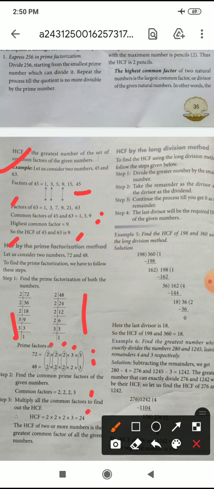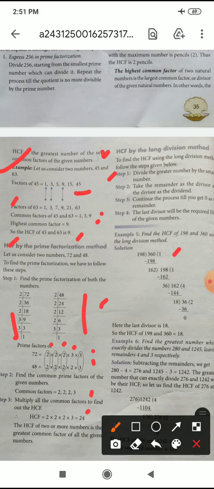Okay. Then comes HCF by the long division method. We discussed the prime factorization method. Then you see the long division method. Step by step we follow. First step is divide the greater number by the smaller number. Step 2. Take the remainder as the divisor and the divisor as the dividend.